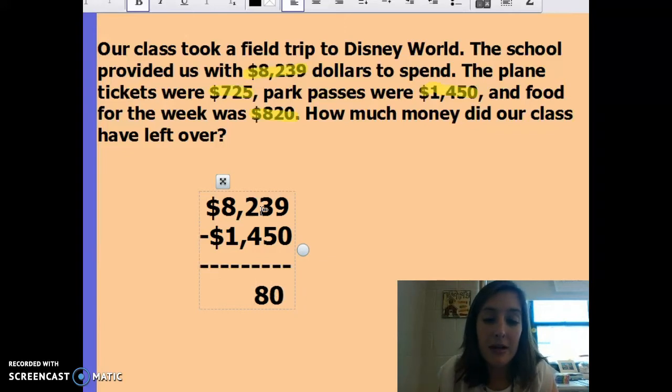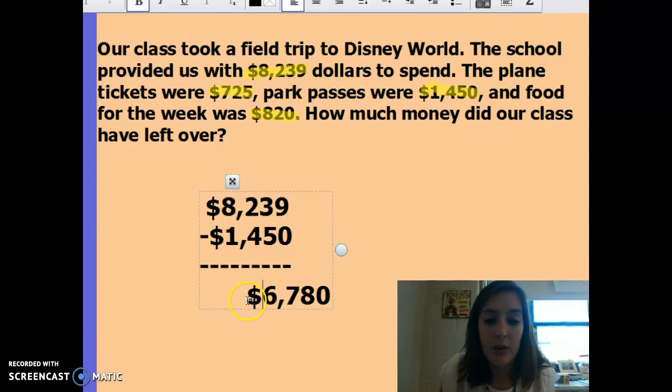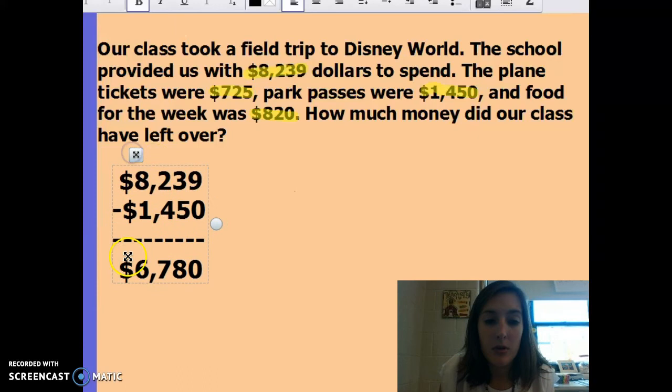So 11 minus 4 is what? And then 7 minus 1, because that's no longer an 8, that's a 7. 7 minus 1 is 6. And then we have our dollar sign. We can go ahead and put that up there. Awesome. And I just accidentally realized I put in a 0 there, and that's supposed to be a 9.